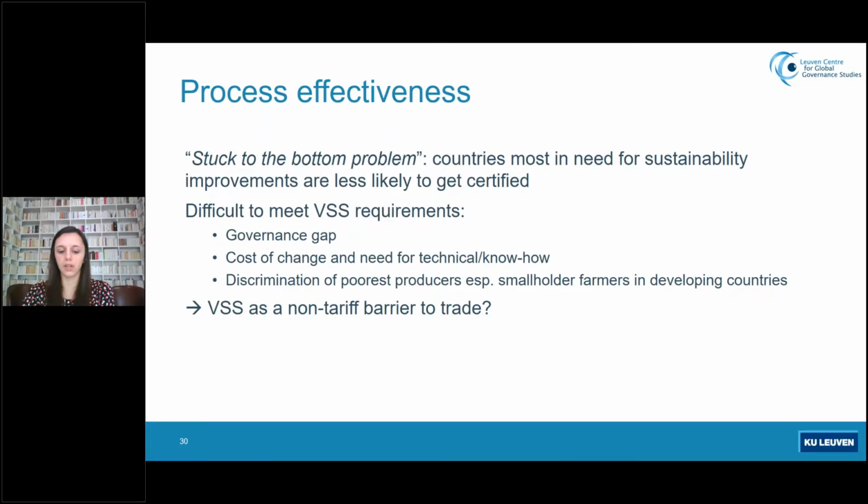It's basically about group certification. So some VSS develop group certification, so that they certify a group of smallholder producers together, so they can share the costs of certification.